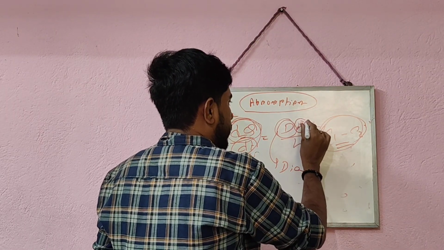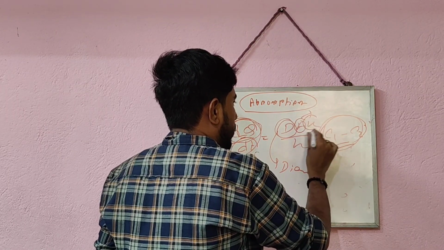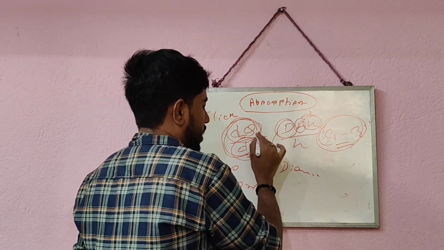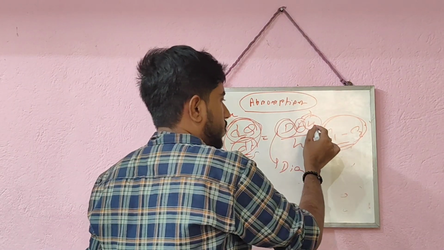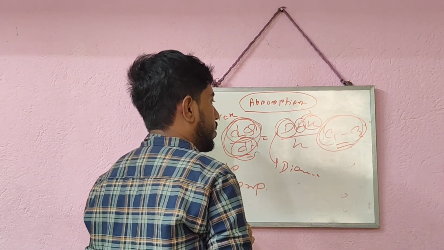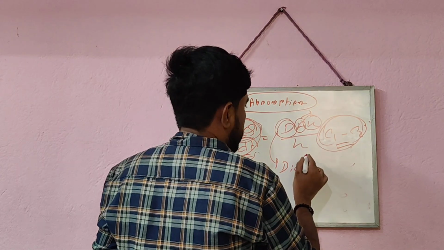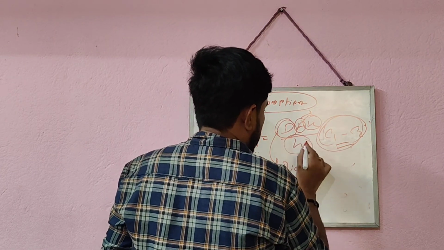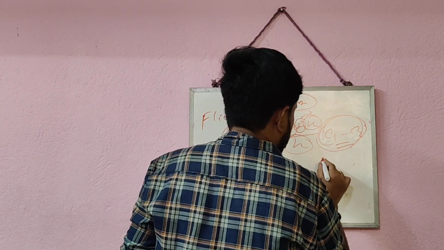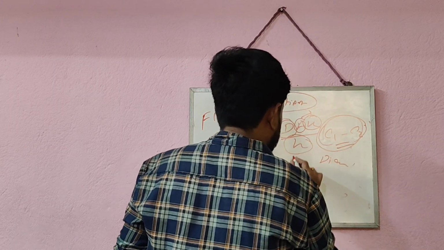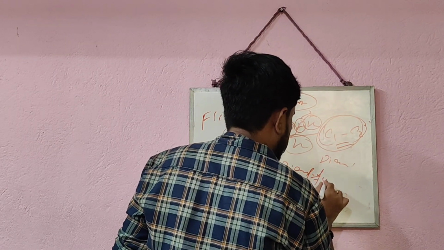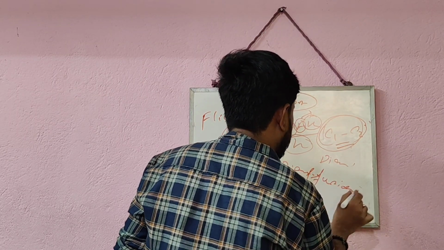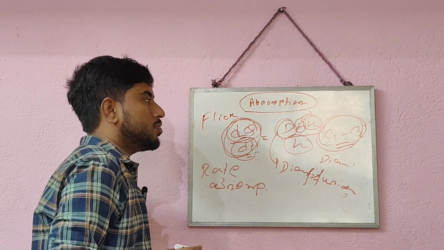Then K is the partition coefficient, a proportionality constant, because this is directly proportional. D is the diffusion constant, because we are studying the diffusion method.